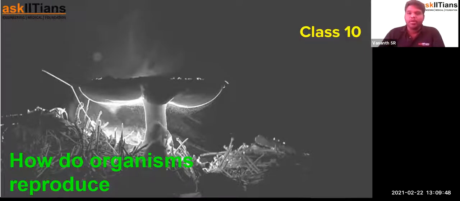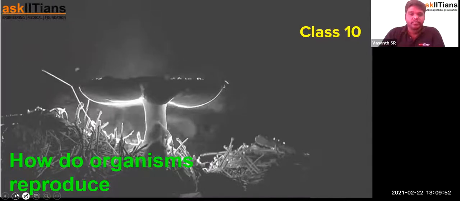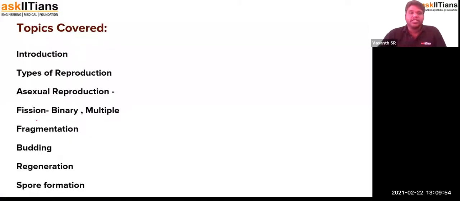Now I'm going to narrate whatever you are going to see today. The first thing is the topics covered. We're going to have an introduction, which we already had. We're going to see types of reproduction, and after that a detailed structure of what asexual reproduction is and its types. The types are given here: fission, binary fission and multiple fission.